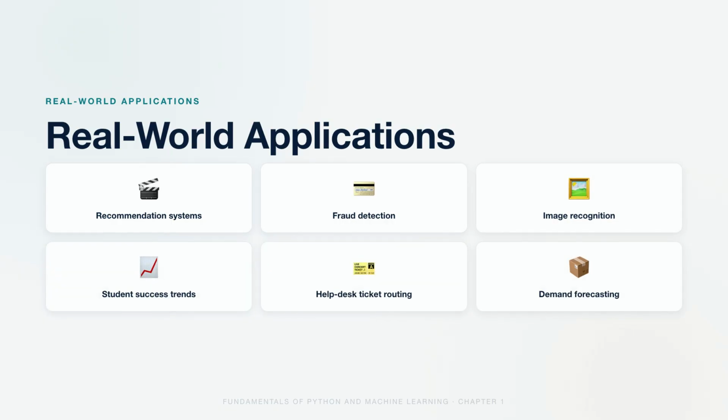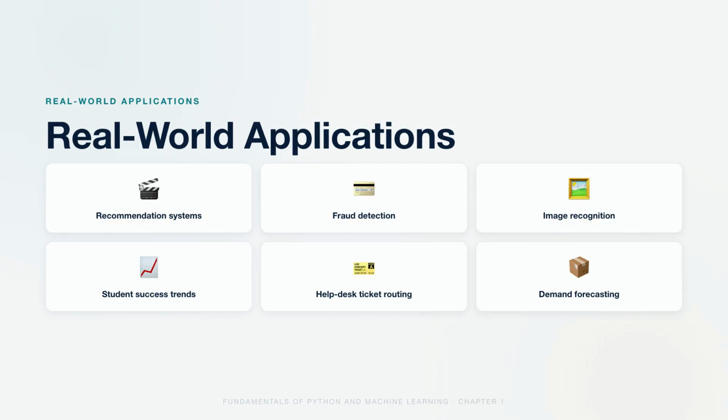Let's look at some real world examples. Recommendation systems suggest products, movies, videos, or music based on patterns in user behavior. Fraud detection systems look for unusual transactions that might indicate suspicious activity. Image recognition systems can identify objects, faces, handwriting, or medical images.